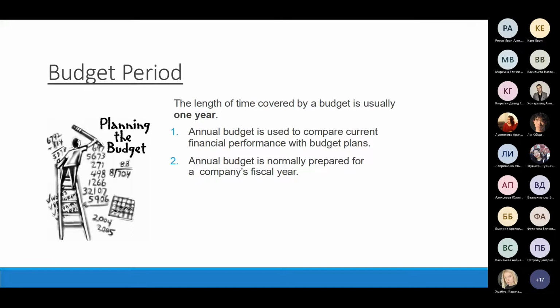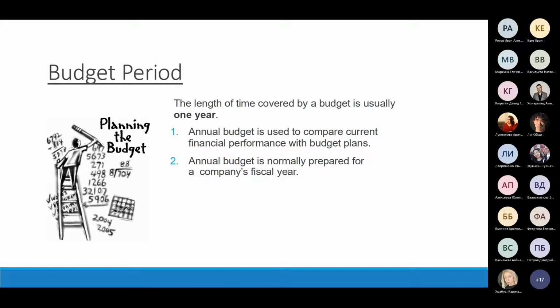The length of time covered by a budget is usually called the budget period, and it is usually equal to 1 year. It could be, of course, a bit bigger or a bit smaller if it is necessary. So some companies prepare quarterly budgets.